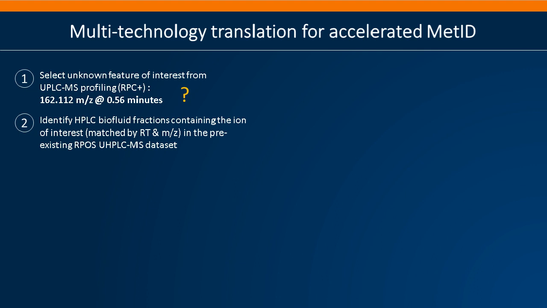So first we go into our fraction bank and we see in the analysis that was performed by the MRMS, do we have any matching masses which have been confidently annotated in terms of having a chemical formula assigned to them?